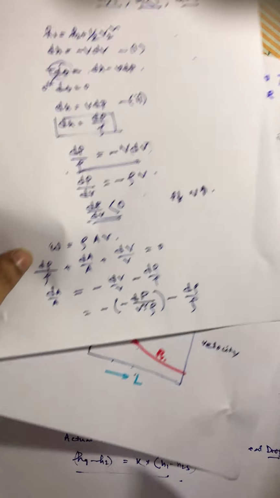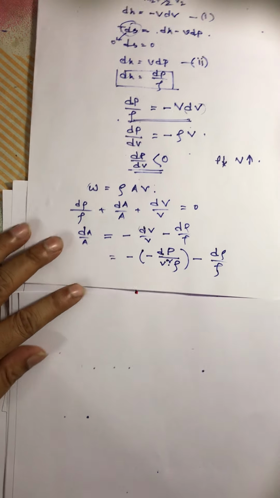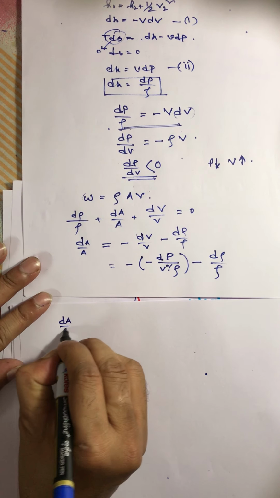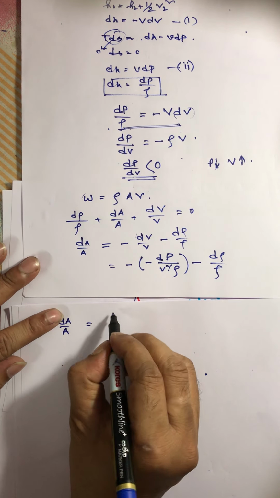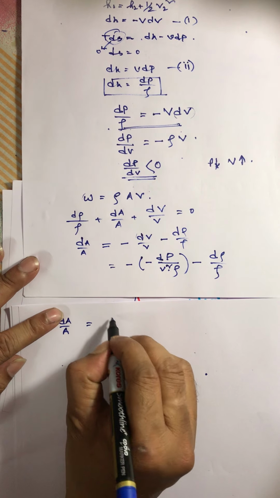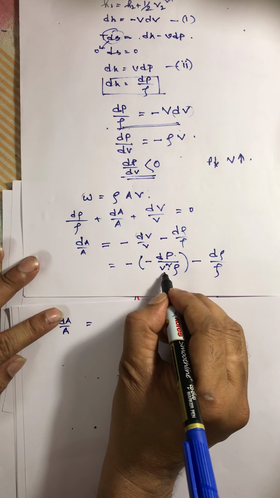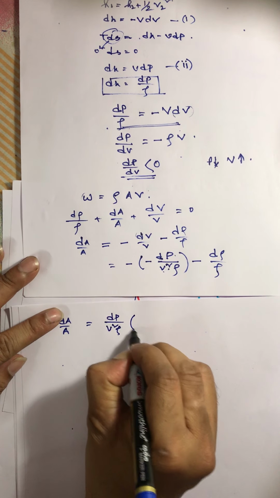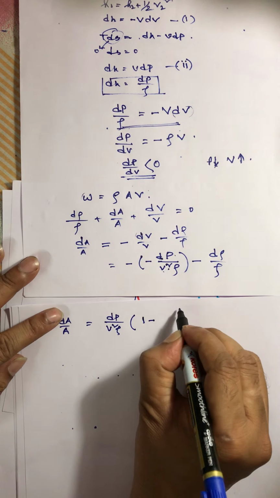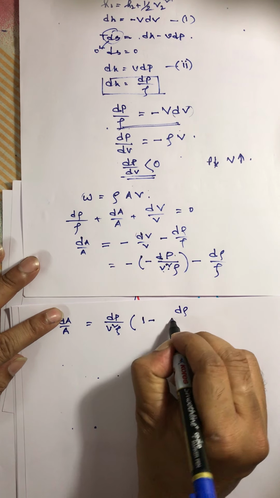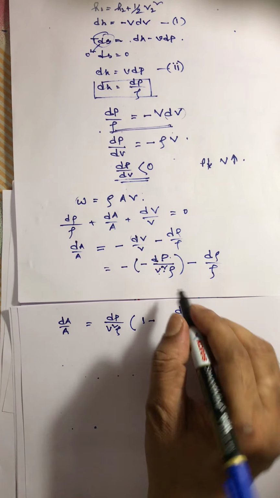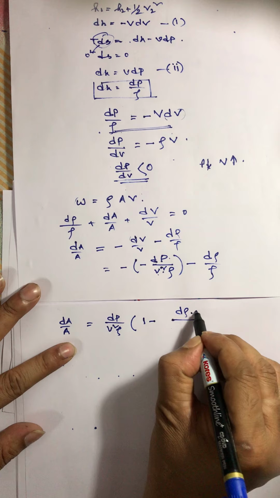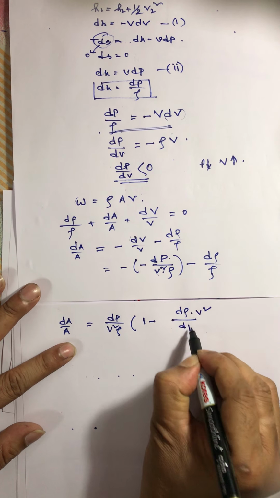Now, dA by A is equal to dP by V square rho, and the equation becomes 1 minus d rho by rho eliminated by V square into dP.